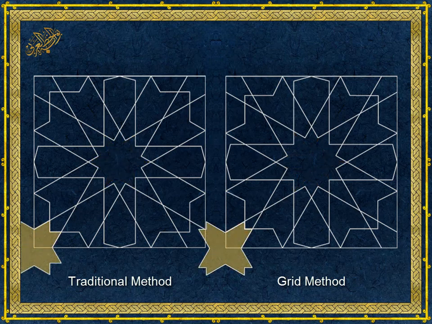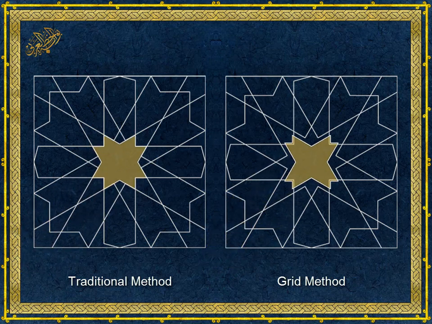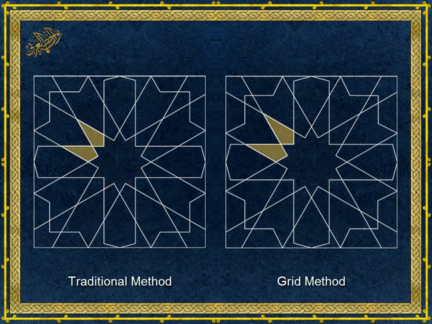And if we compare this shape from the corner of the pattern, the shape from the correct pattern fits exactly inside the star, but the one from the pattern constructed with the grid method does not correspond with the star.